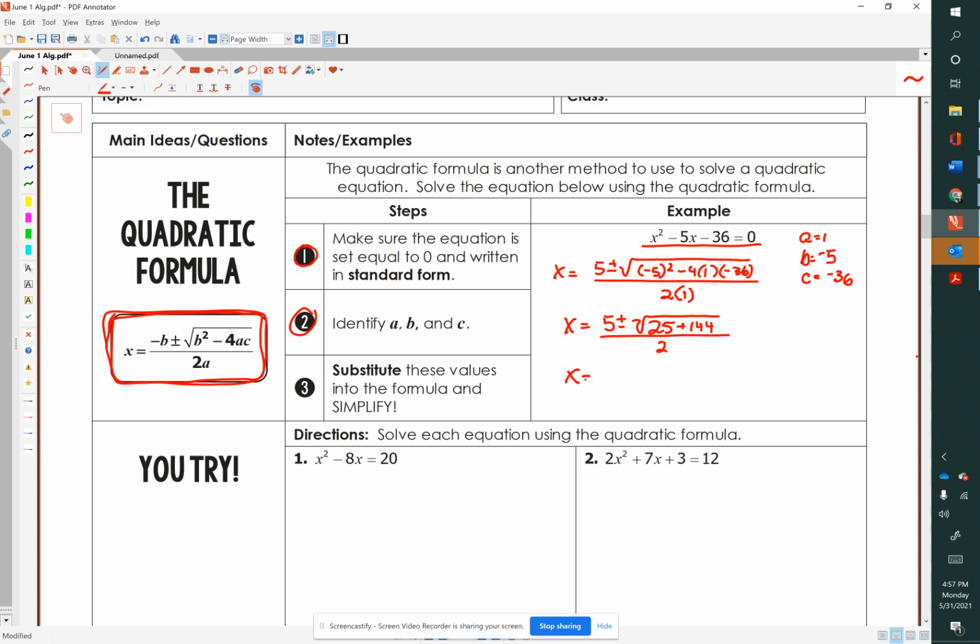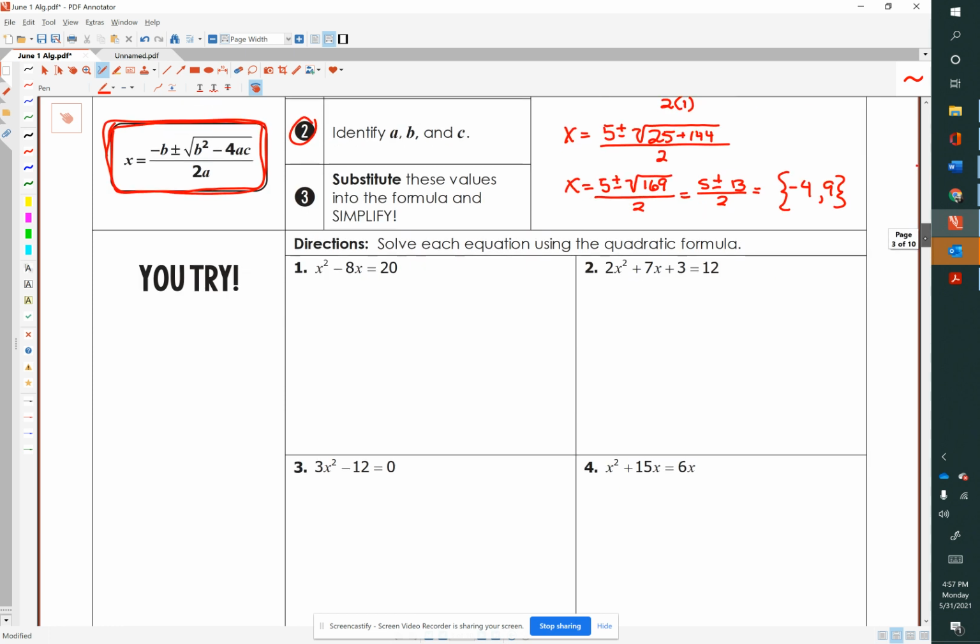Then x equals 5 plus or minus the square root of 169, all of that divided by 2, which equals 5 plus or minus 13 divided by 2. When we evaluate that, we have our two answers, negative 4 and 9. So that's the basic steps, and that's how it's done.